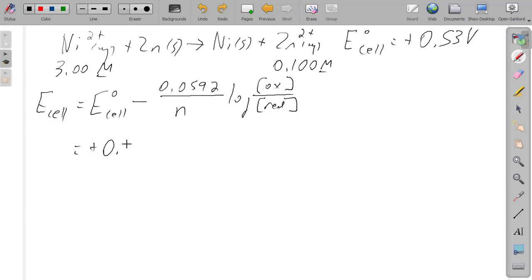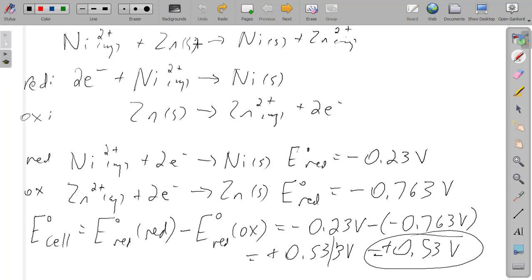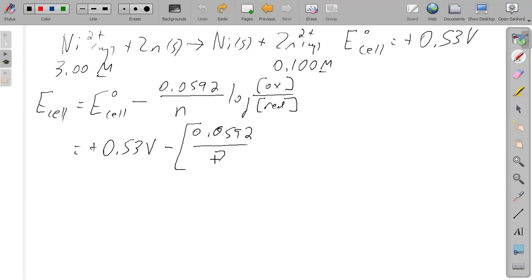So plus 0.53 volts minus 0.0592 over, now remember, I left that page up for a reason, because we're talking about the same nickel zinc cell, and we determined when we wrote the half reactions that it is 2 moles of electrons being transferred. So that is 2 as n here times log the oxidation concentration.